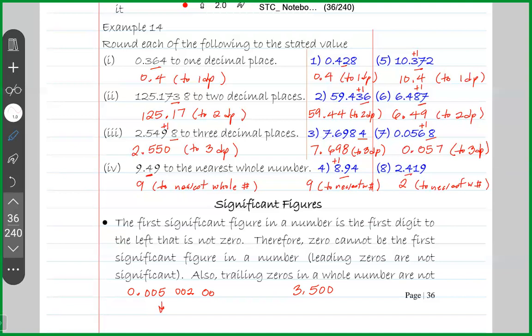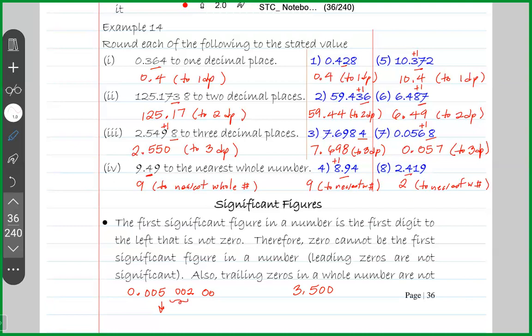So again, we said that 0 cannot be the first significant figure. The first significant figure in a number is the first digit to the left that is not 0. However, zeros which are in between non-zero digits are significant.